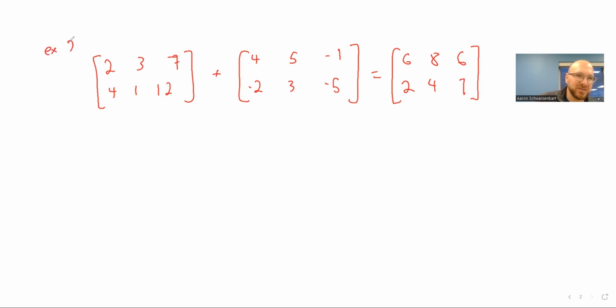This is my version of example 2. Shows the same thing. Example 3 is going to show multiplying by a scalar. Again, I don't like example 3, so I'm going to replace it with, again, they're giving a realistic one. I want one that's very easy to see what's happening.